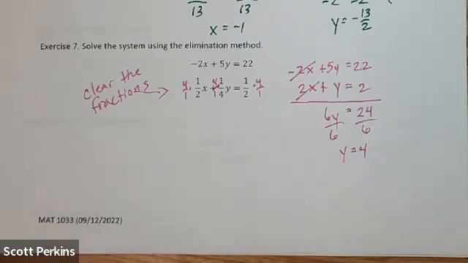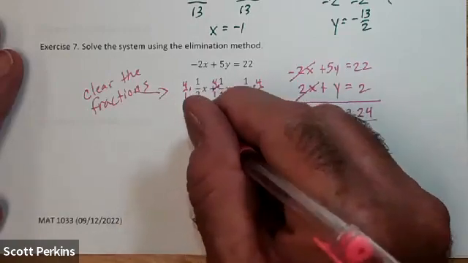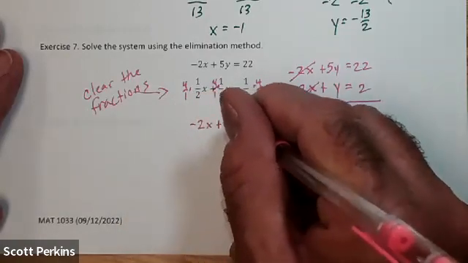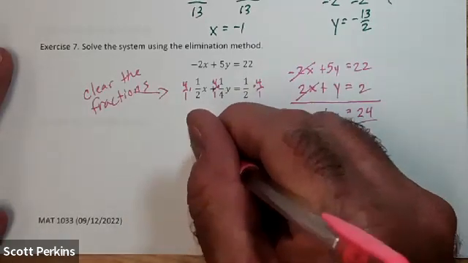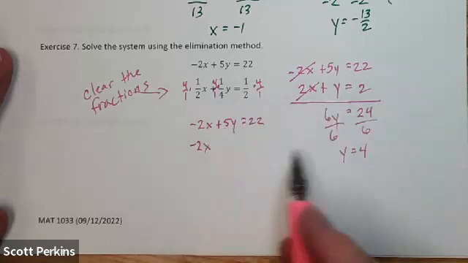And then this time I'm going to pick the top equation because I'm still avoiding those fractions. So the y value is 4. The top equation is negative 2x plus 5y is equal to 22. I'm going to pop the y value of 4 in there. So I've got negative 2x plus 5 times 4 is 20.